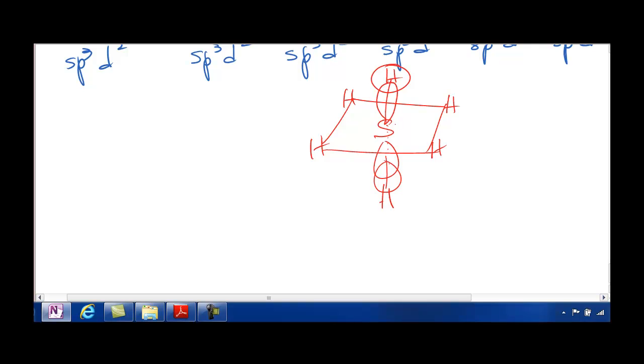So I think by now we're getting the picture. So each one of these bonds is not an atomic S and an atomic H orbital. It's a hybrid orbital of S. Okay, so each one of those is an sp3d2 overlapping with an S. This is from your central atom, and this is from your hydrogen.